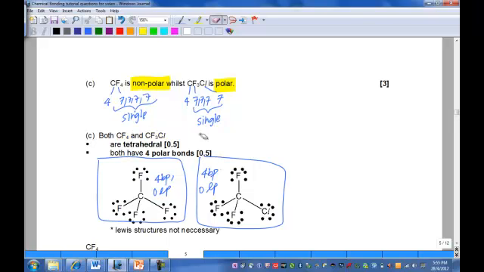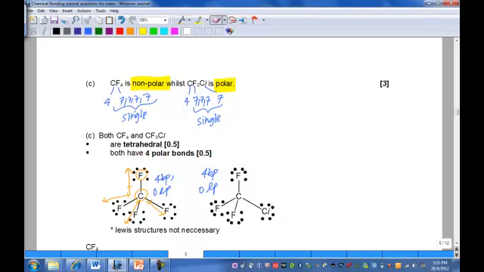In this case, we know that all of them have polar bonds. Why is it so? Carbon and fluorine: fluorine is more electronegative, so the dipole moment points towards fluorine, and the same for the other bonds. Then for CF3Cl, same thing. C versus F, the dipole moment will be towards F because F is more electronegative.